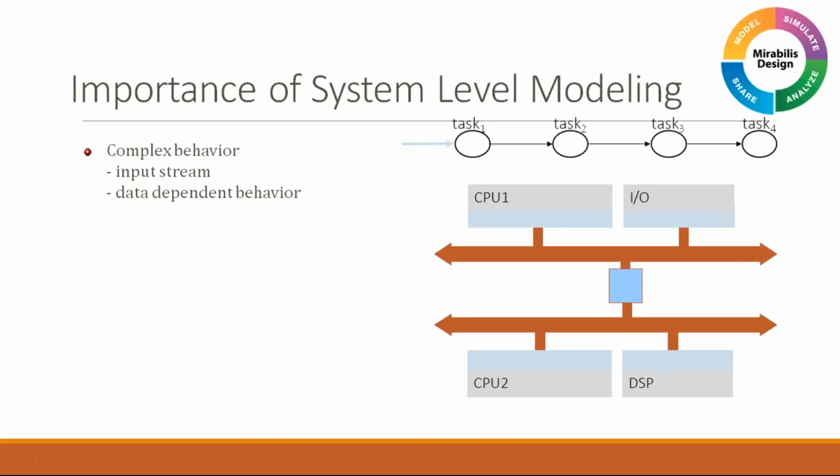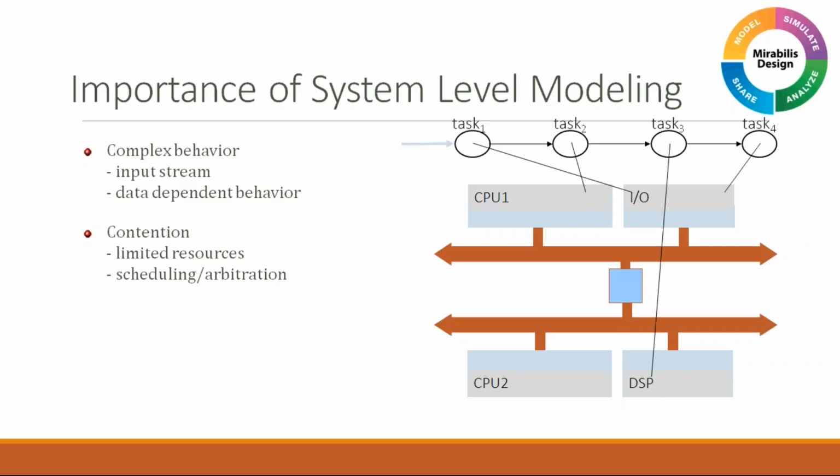So why exactly is system level modeling required? If you consider any system architecture that you're seeing in day-to-day life, all these systems are very compact systems, and you're trying to run lots and lots of applications on these target platforms.